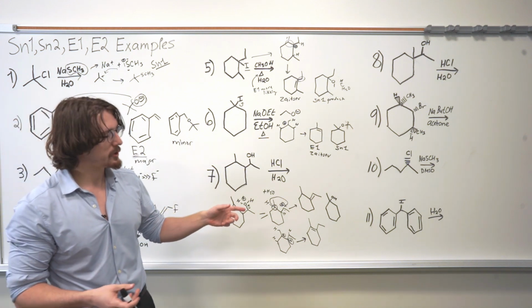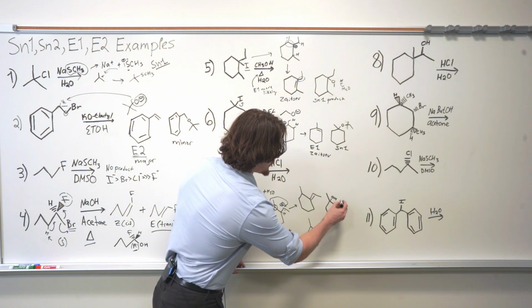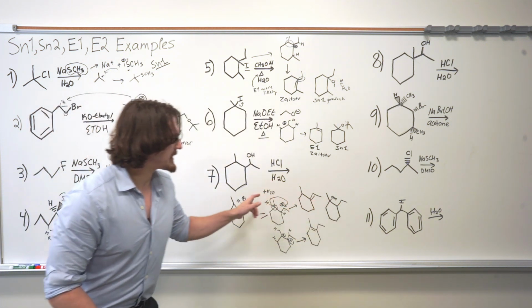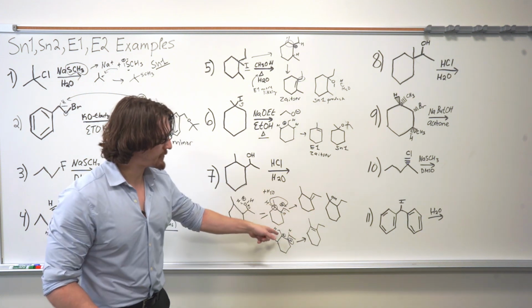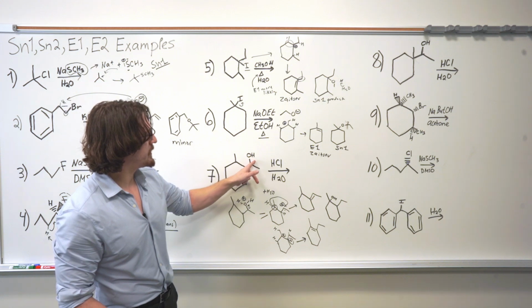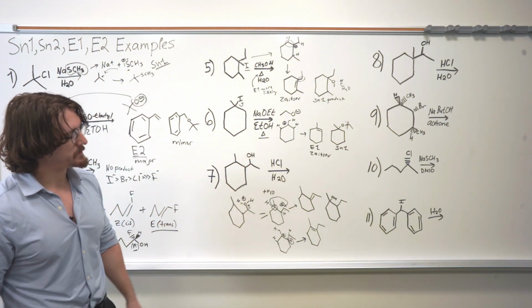It's going to be positively charged, so it needs to be deprotonated, okay? And then we're still going to have this whole thing. But this reaction pathway, if it went through Sn1 after the rearrangement, you would just have shifted this alcohol group from this carbon to this carbon, okay? Exchange them, so to speak.